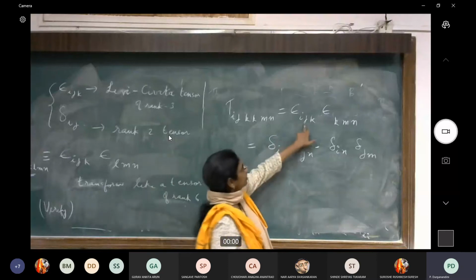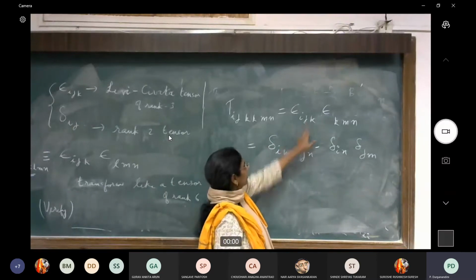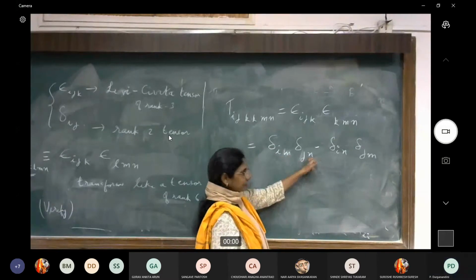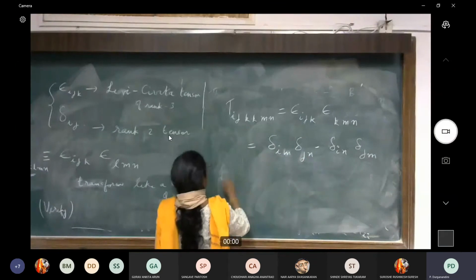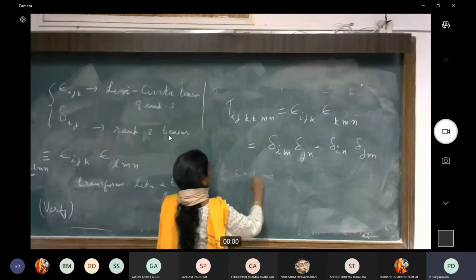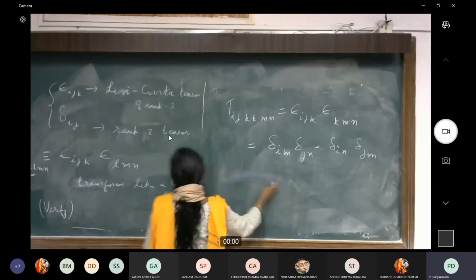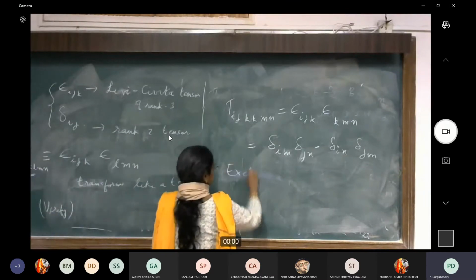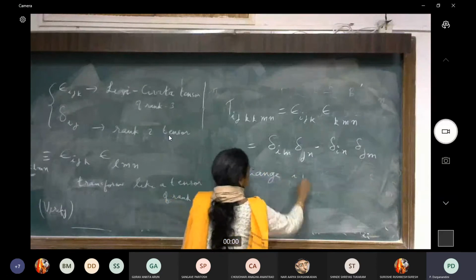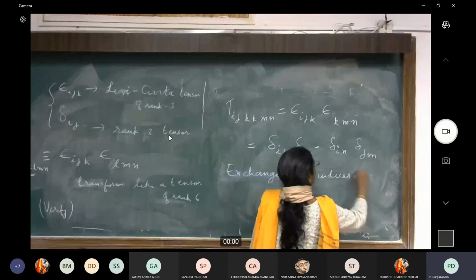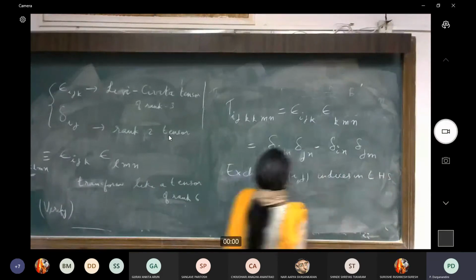If I exchange i and j here, I will get j i, so what will I get here? I will get j m i n, right? So you exchange your i and j indices on the left-hand side.